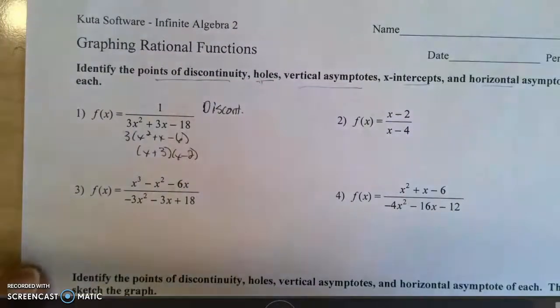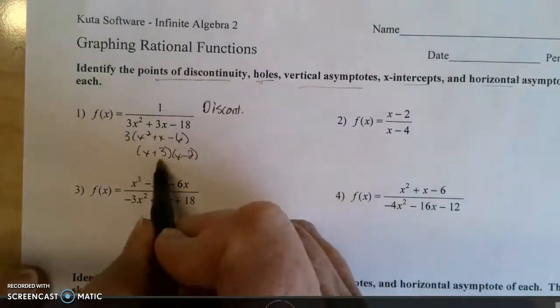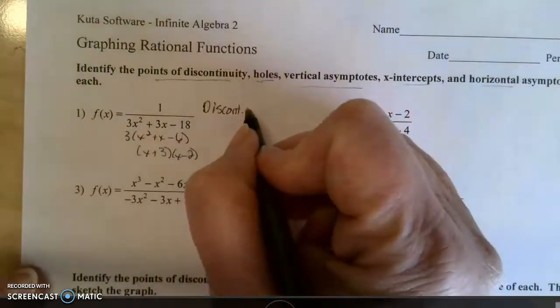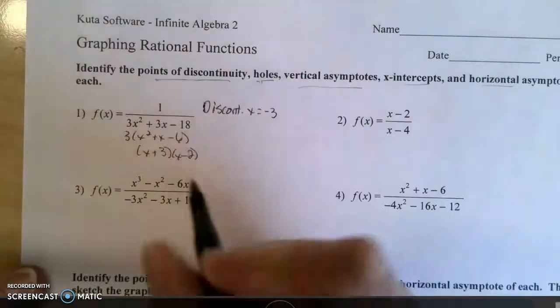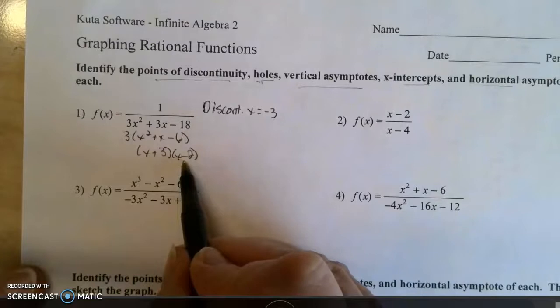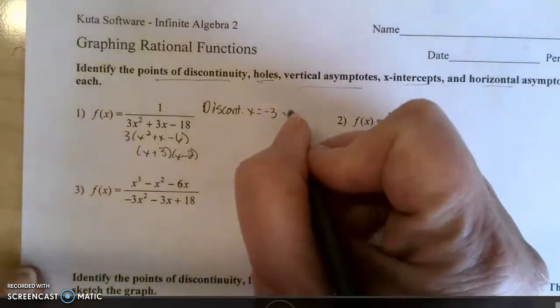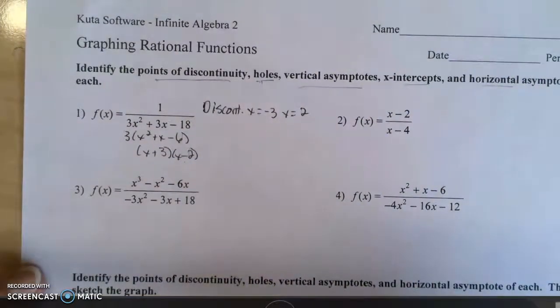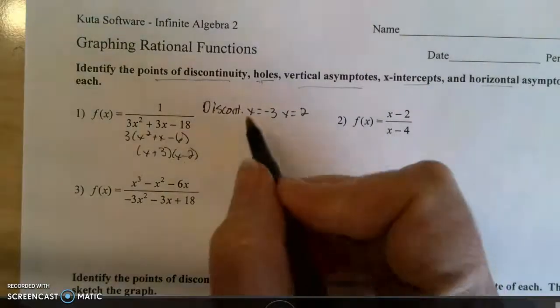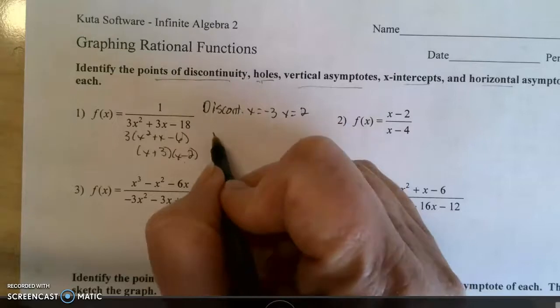Discontinuity. So if I set this equal to 0, I get x is -3. And if I set this equal to 0, I get x equals 2. So there's my 2 points of discontinuity. Those happen to be called vertical asymptotes.